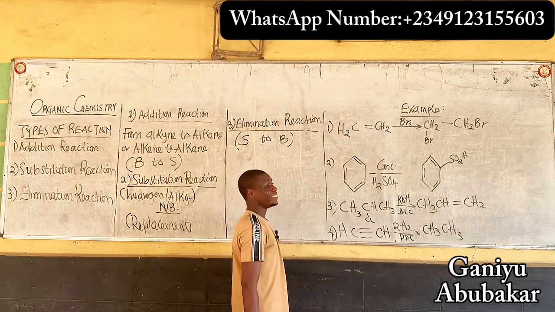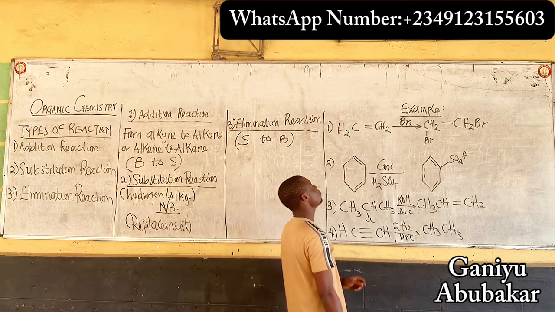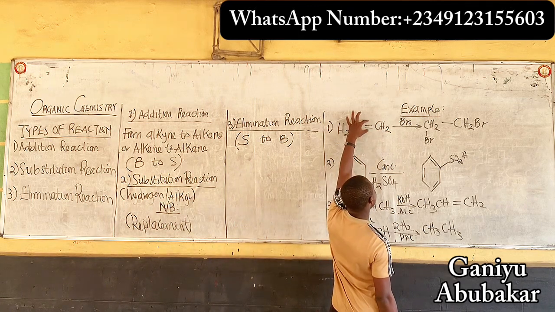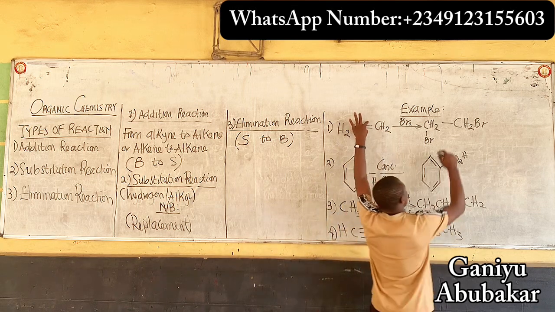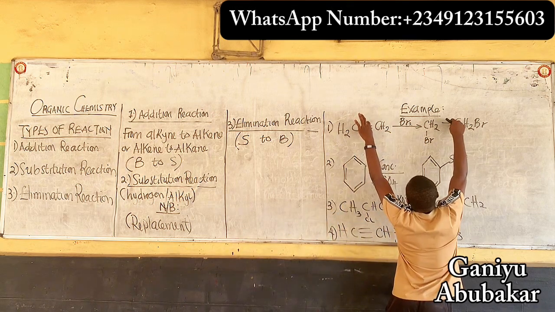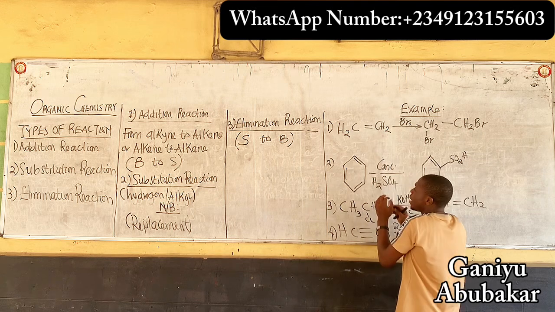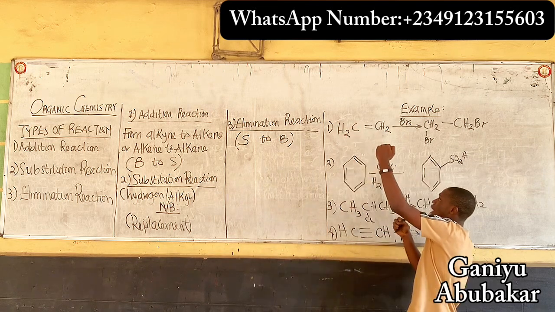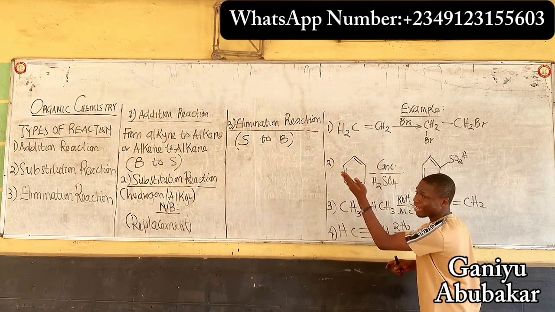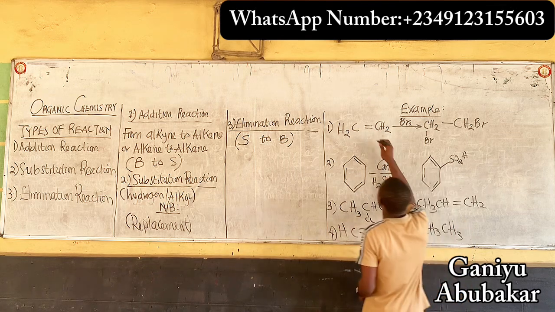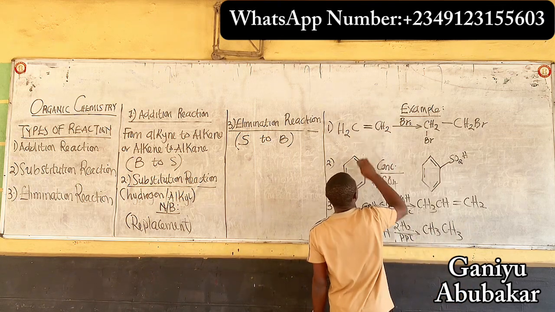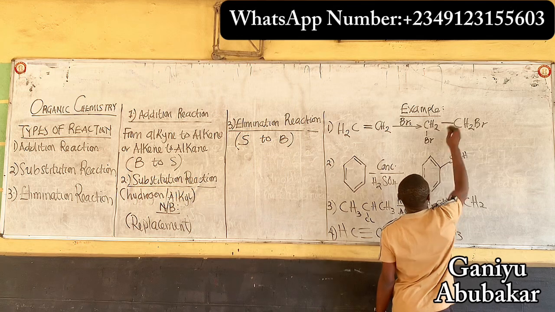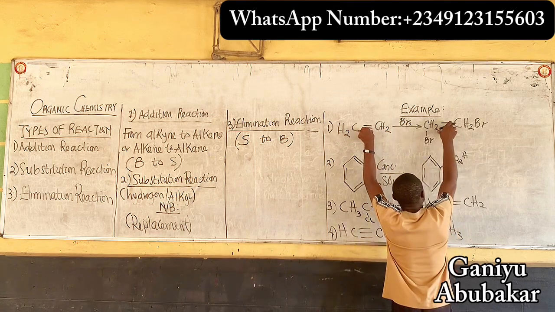It's clear that number 1 is moving from an alkene to an alkane, from a bigger to a smaller compound. So whenever something is moving from a bigger to smaller, it's called what? An addition reaction. Moving from a higher compound to a smaller compound, an alkene to alkane.